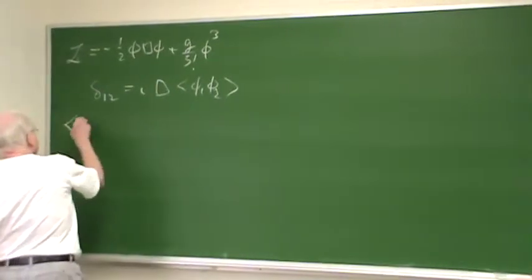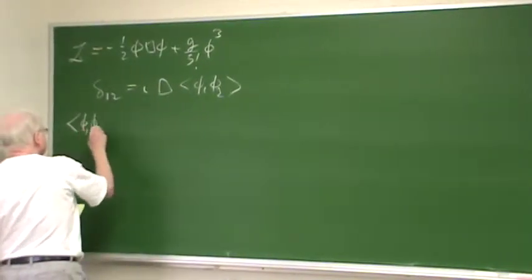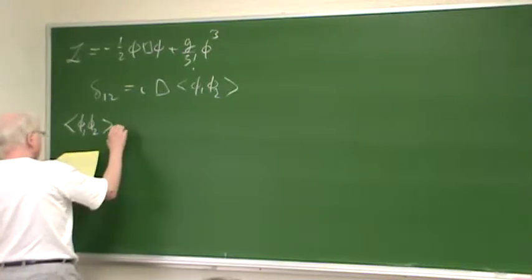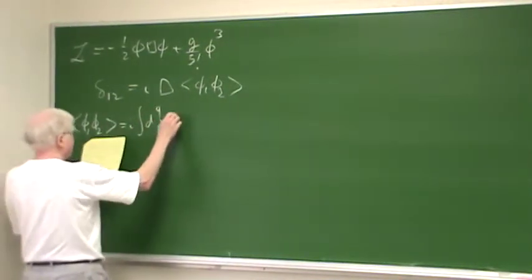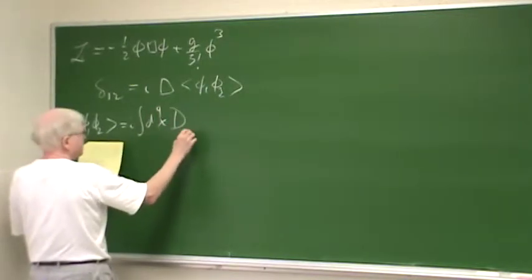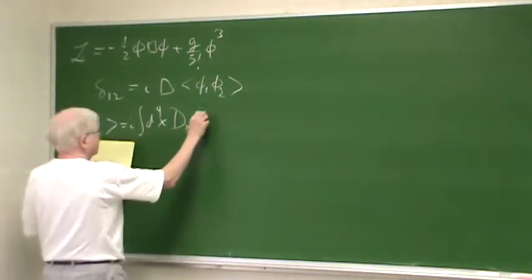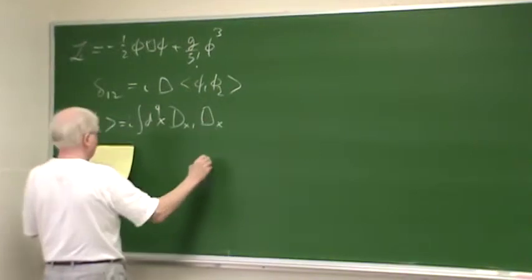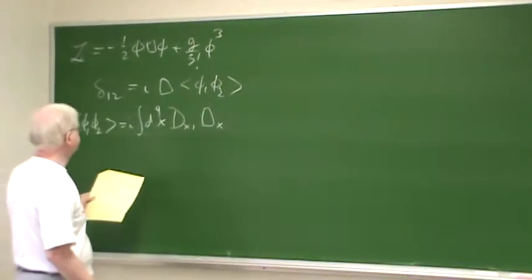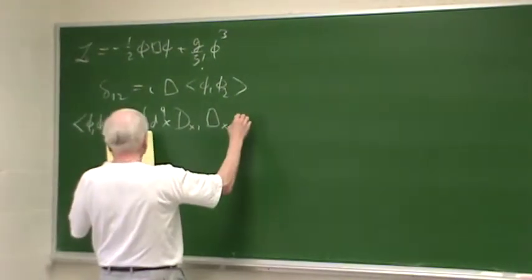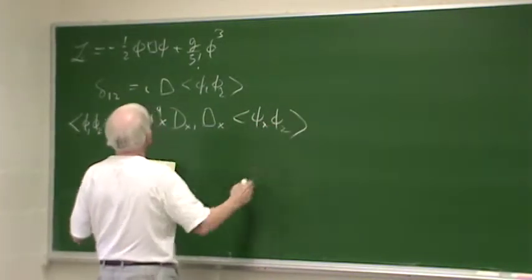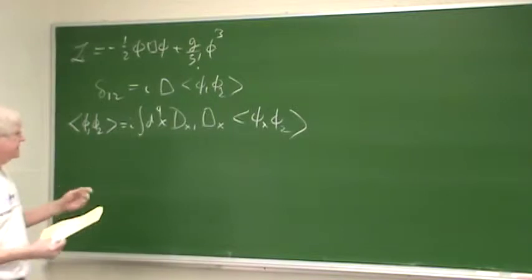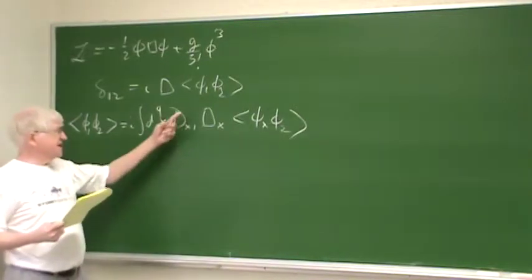And so we start off the way we did it before. We say <phi_1 phi_2> is i integral d^4x, the Feynman propagator Delta(x1, x), box_x <phi(x) phi_2>. Well, we've skipped a line here.